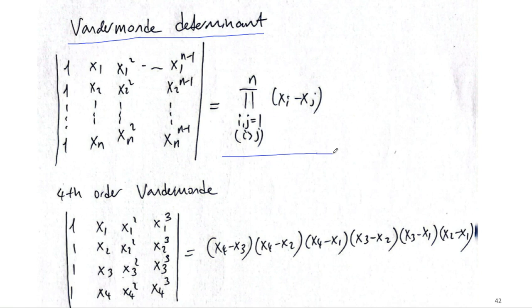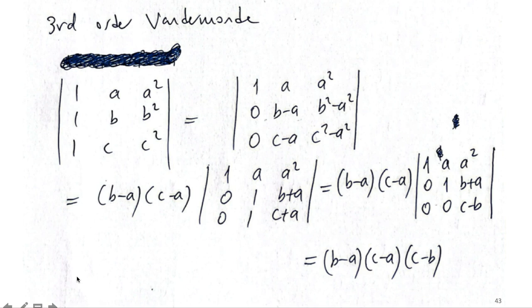And here is a more specific example with a fourth order Vandermonde matrix and determinant calculation. There is also an example for the third order. We can skip this one.